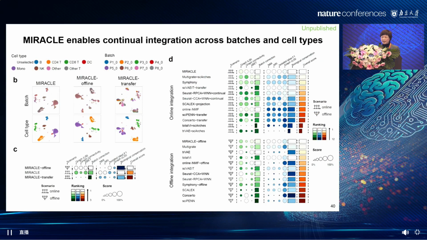Comparison confirms that rehearsal is essential. Miracle performs similarly to offline, while Miracle Transfer fails to mix batches properly. Against 11 other methods adapted for online settings, Miracle achieves the highest SCIB score, demonstrating its state-of-the-art performance for online bimodal integration.